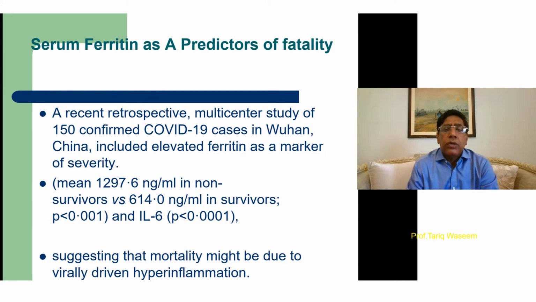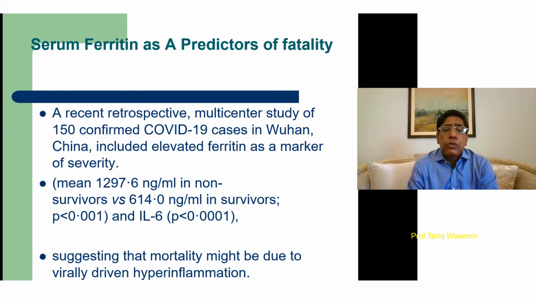Those who did not survive had on average 1300 nanogram per ml of ferritin, whereas those who survived usually had less than 600, or 615 was the average ferritin level. And if you look at this, it is highly significant as far as the p-value is concerned.